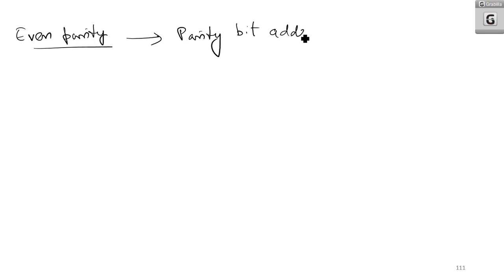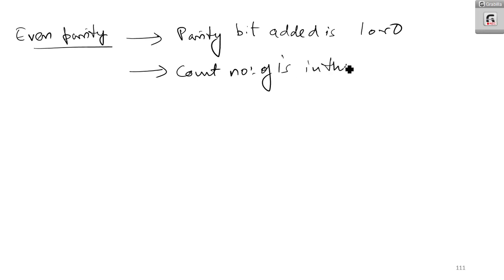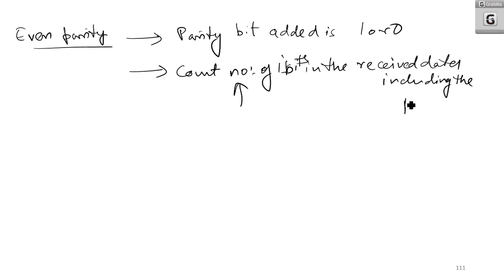Now at the receiver side, count the number of one bits in the received data, including the parity bit.